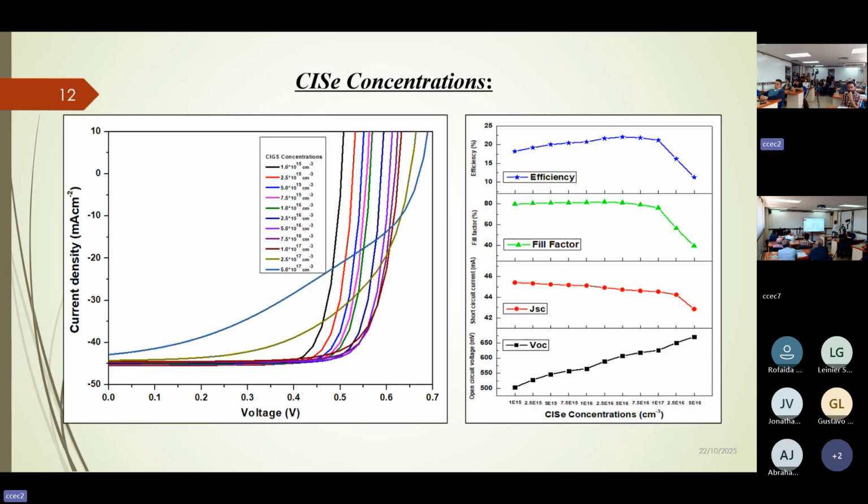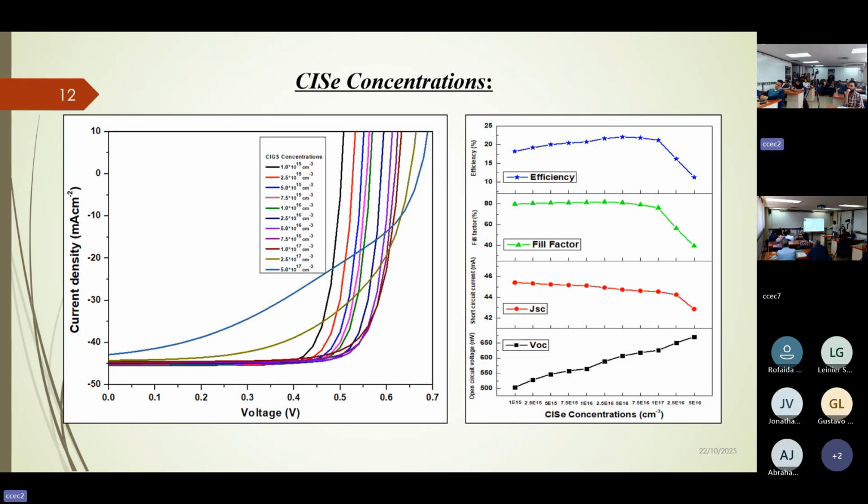Next we checked the copper concentrations. Similarly, we varied it from 10 to the power 15 to 10 to the power 16, in steps of 2.5 times 10 to the power 15. At lower concentrations, increasing it improves the properties and increases the VOC value.